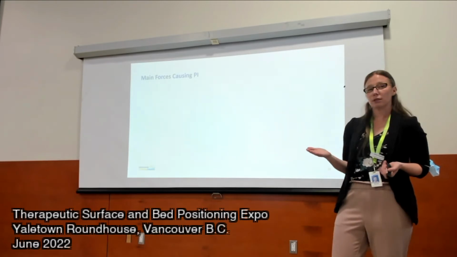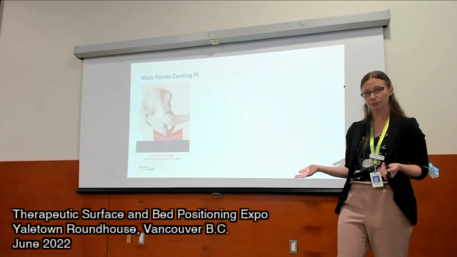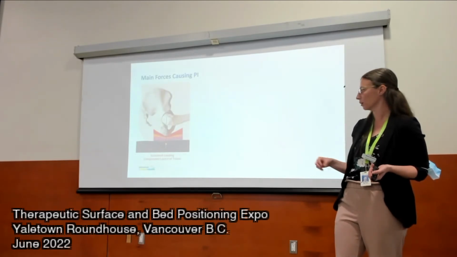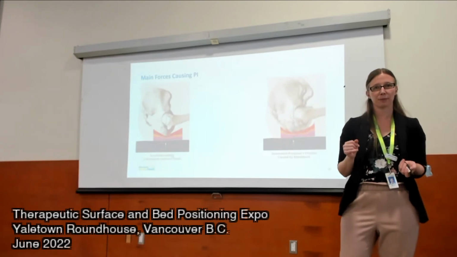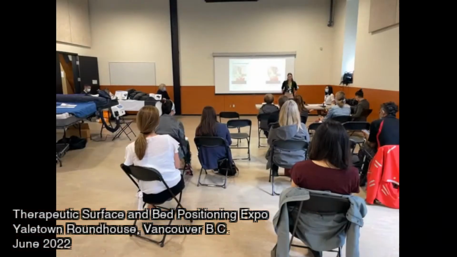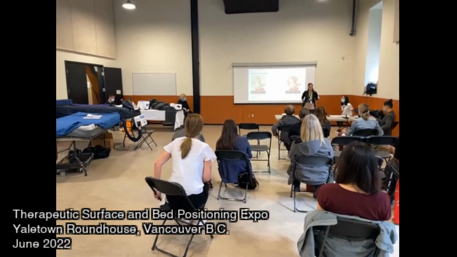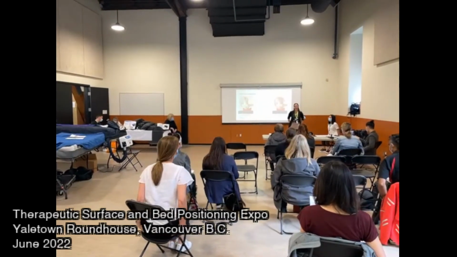So the main forces that cause a pressure injury, we've already talked about pressure, gravity pulling down. The next one is shearing. So you're all sitting. I want you to take your hands, put them under, find your ischial tuberosity. Okay?